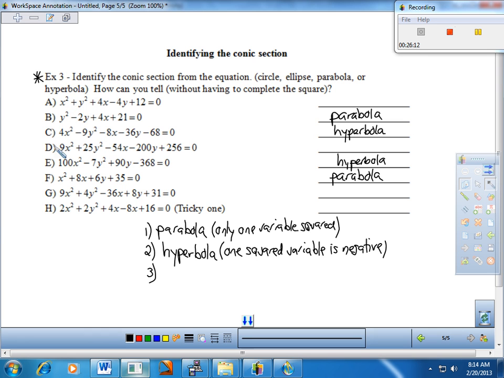But if I have an unbalancing in terms of the numbers in front of the squares, then it stretches that circle in one direction or the other and forms an ellipse. So I would say find the ellipse where the coefficients in the squares are unbalanced. So coefficients of squared terms are unbalanced.